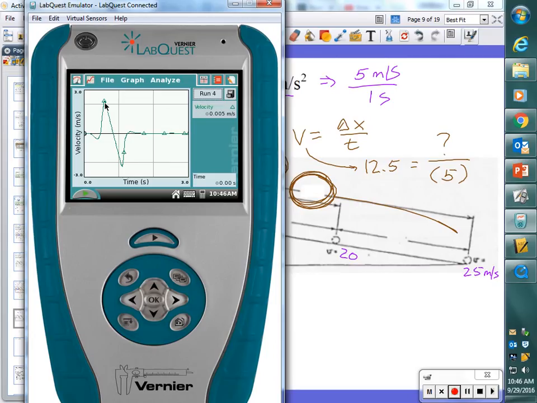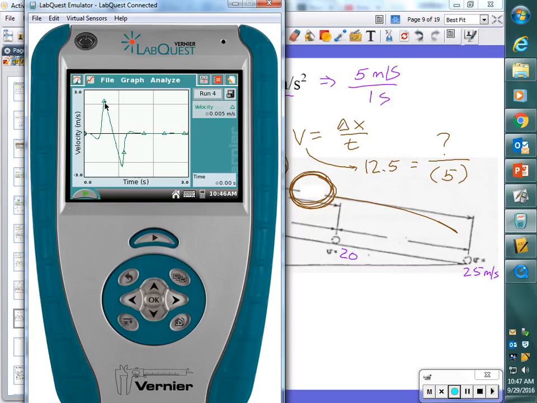So what significant event in our lab occurred at that point on the graph? Gravity started doing what? Making it do what? Go down. Not go down, slow down. It's still going which way? It's still going up.